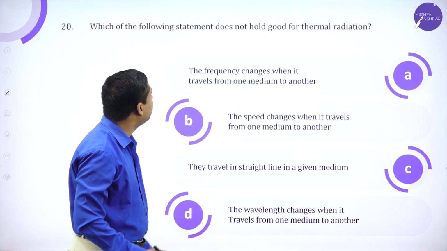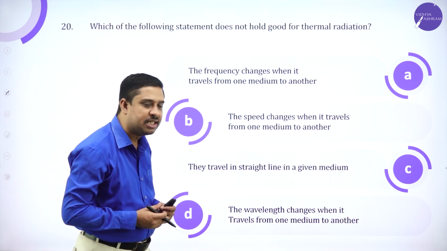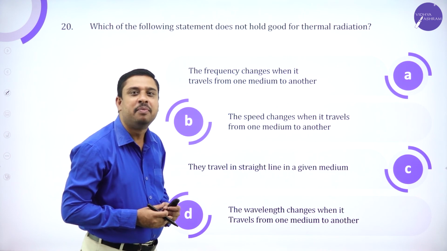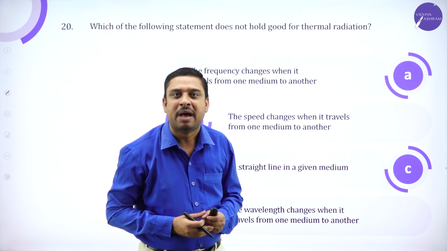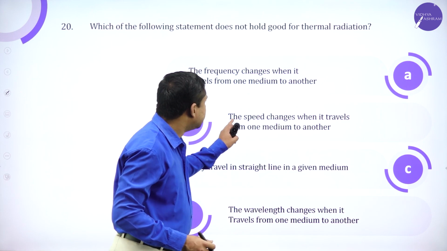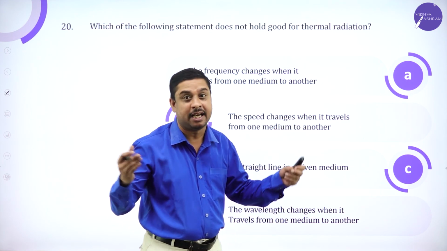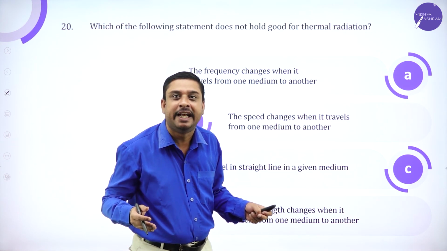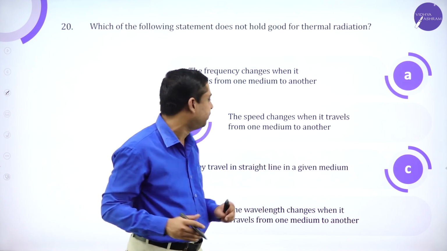Which of the following does not hold good for thermal radiations? The properties of thermal radiations are exactly the same as light traveling in a medium. Speed changes when it travels from one medium to another. Yes, like light, which has maximum speed in air and its speed decreases in material medium.